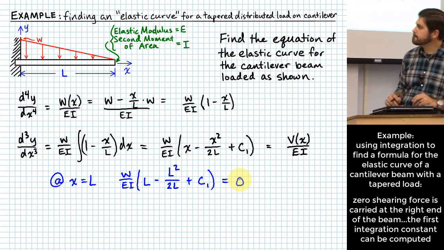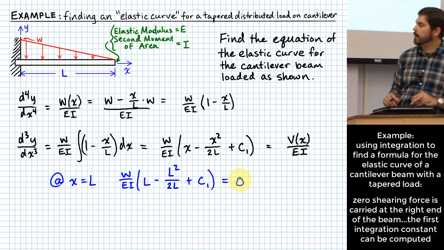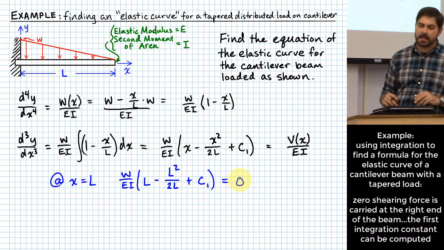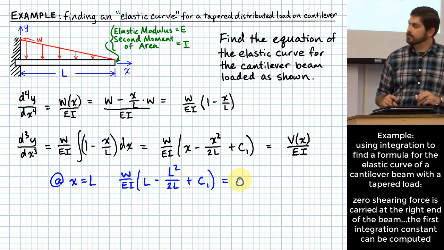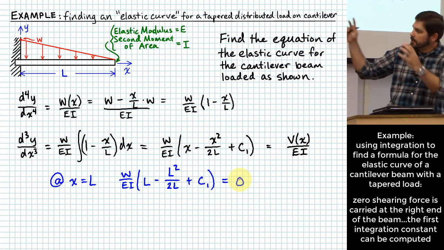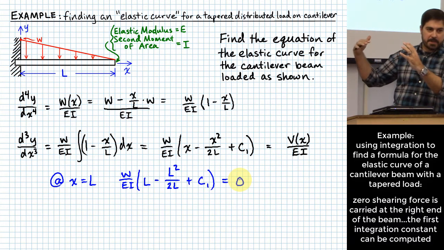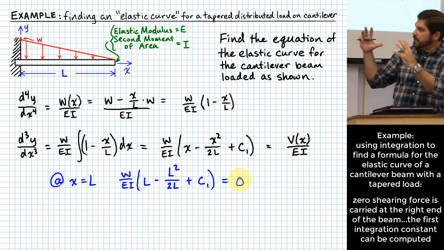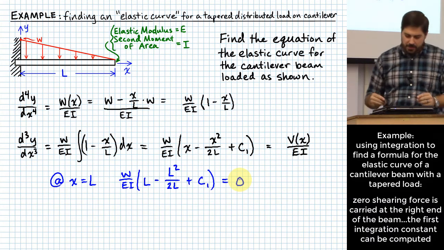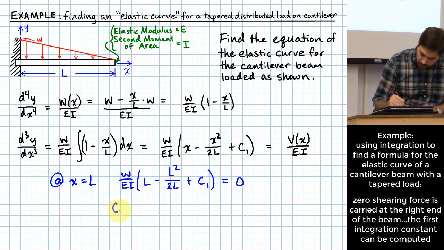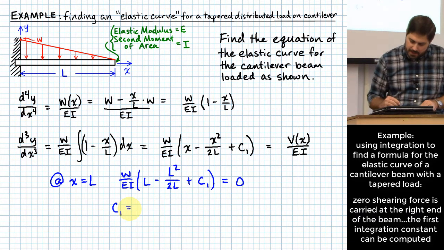And what's the only way to make that equal to 0? The W over EI can't be 0, right? So we need inside the parentheses to be 0 somehow. So we're saying C1 has to be equal to what?